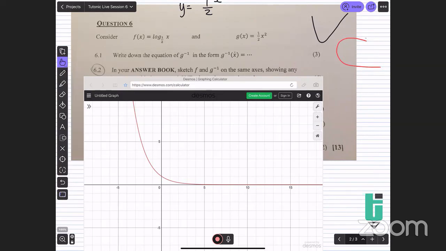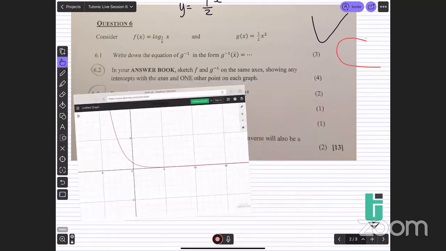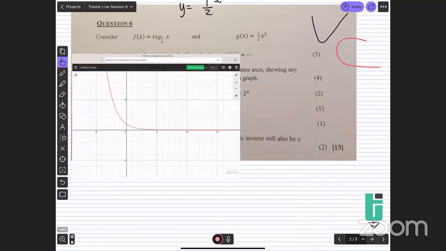But how would you find the equation, Amaro? So first we swap the x and the y. So then what does it become? X equals half y squared. And then you can divide both sides by half. What's another way of dividing by half?